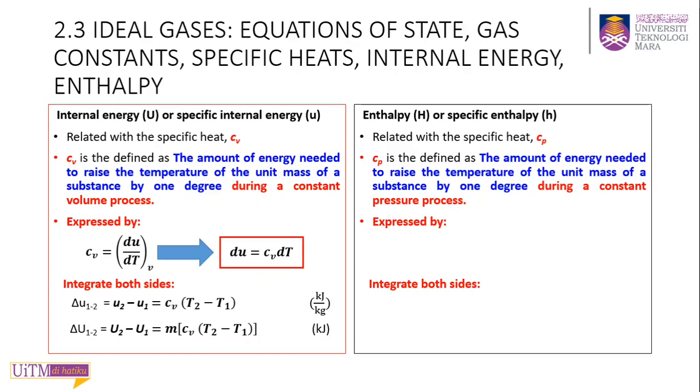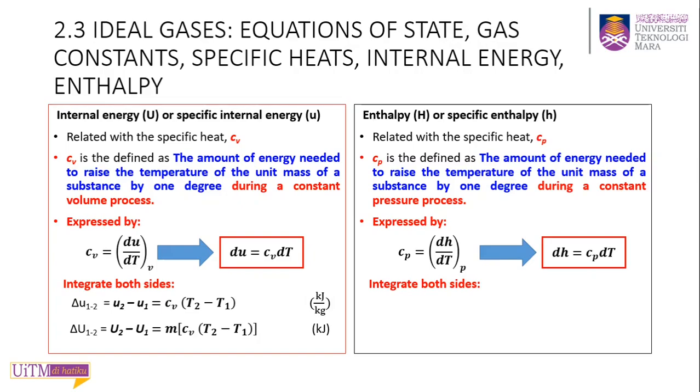Cp can also be expressed by the following equation, which, just like before, we cross multiply and it becomes the form dh equals Cp dT, where dh here refers to the change in specific enthalpy.